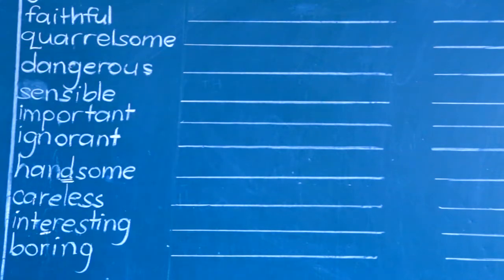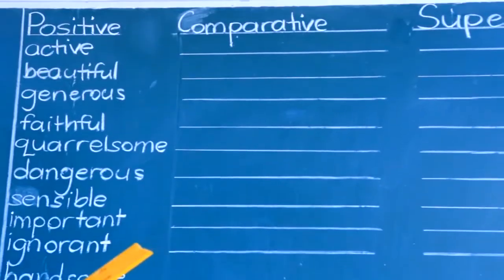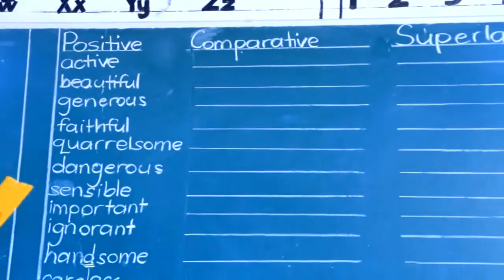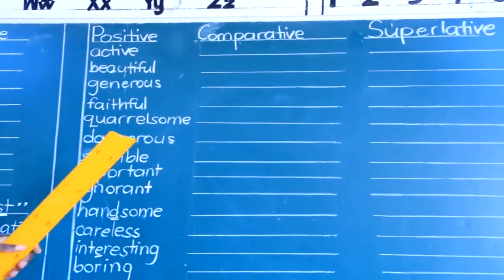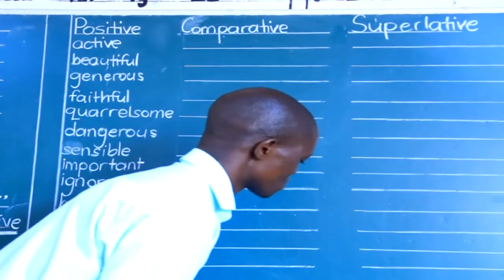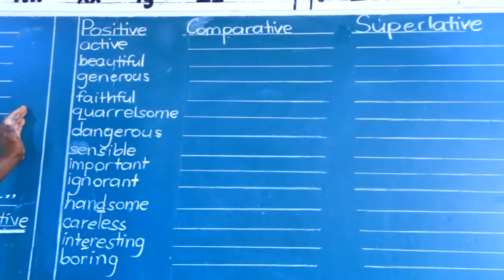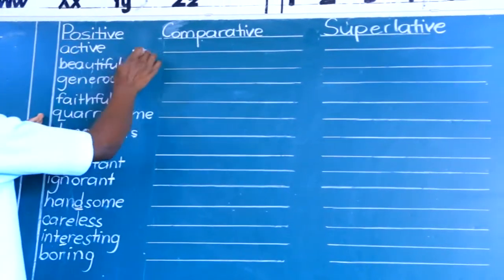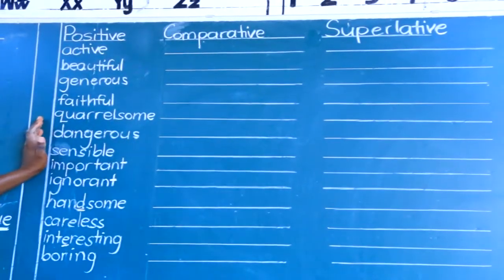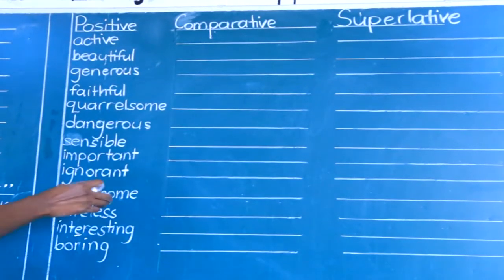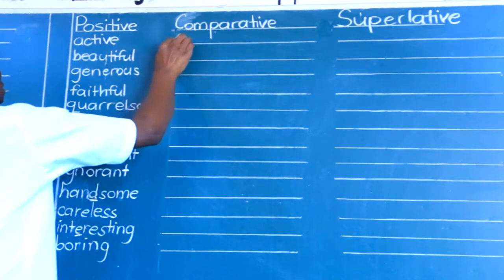Let's look at the comparative degrees of these different adjectives. We have just mastered our rule, which is use more for the comparative and most for the superlative. So we have active. Where does more appear in the comparative degree of active? It comes at the beginning.